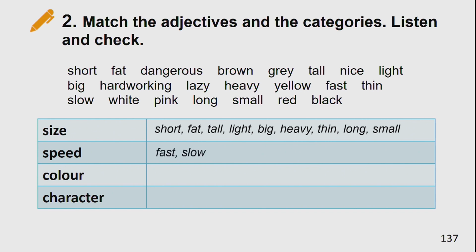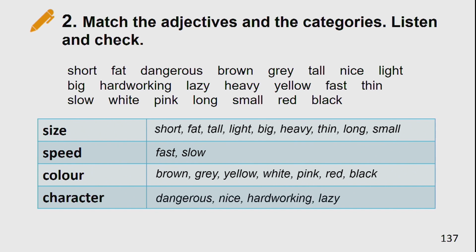Speed. We have only 2 words, fast and slow. Color. Brown, gray, yellow, white, pink, red, black. And character. Dangerous, nice, hardworking, lazy. Good, thanks.